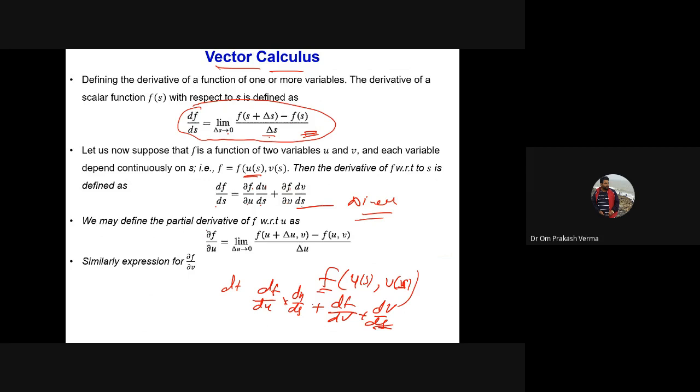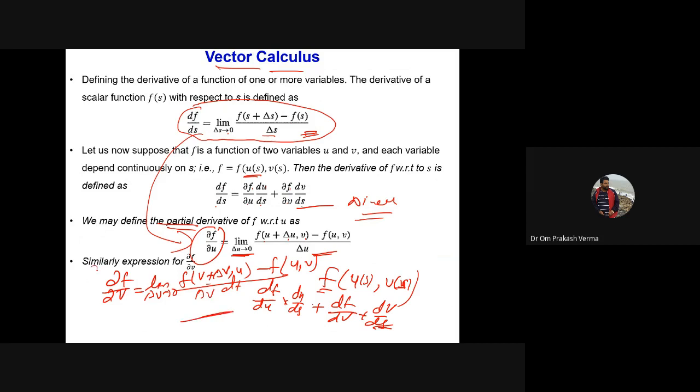And it is nothing but the partial derivative again. For the same function we can define it like this. Del f by del u is the limit as delta u tends to 0 of f(u plus delta u, v) minus f(u, v) divided by delta u, where v is kept constant. In a similar way, we can define del f by del v by taking delta v tends to 0, f of v plus delta v, keeping u constant, minus f(u, v), divided by delta v.